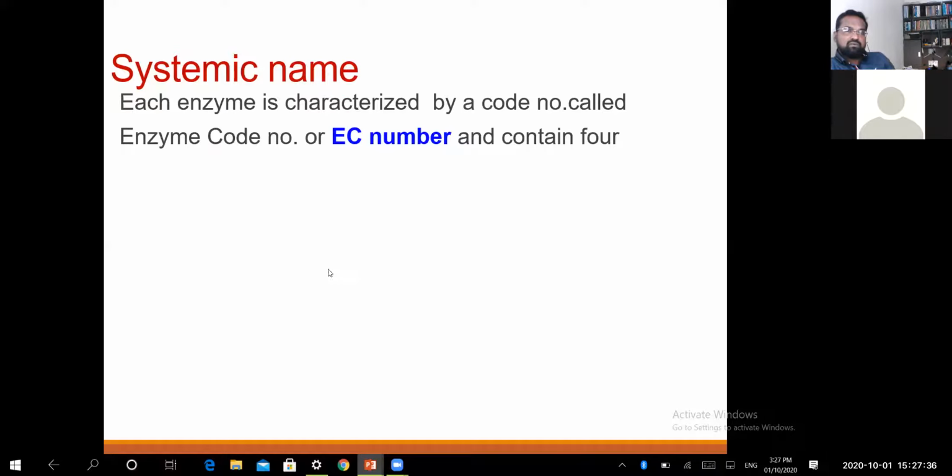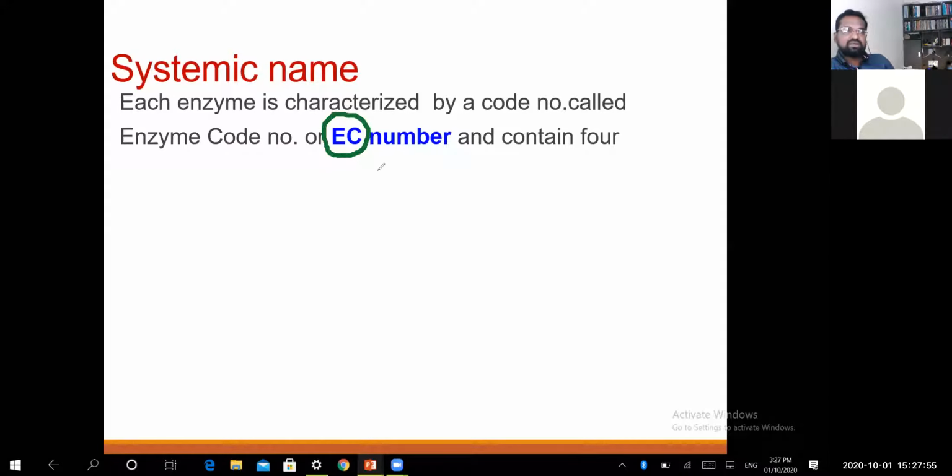Now, what is this systemic name and how is it given? Basically, the International Union of Biochemistry and Microbiology has constituted a commission called the Enzyme Commission. As you could see here, this EC refers to the Enzyme Commission. This Enzyme Commission has proposed a naming system or coding system for the enzymes.